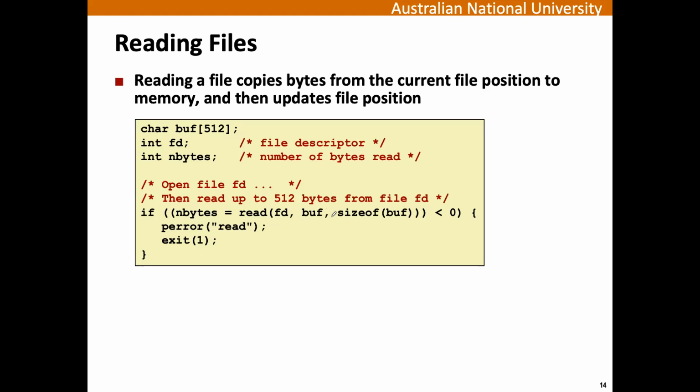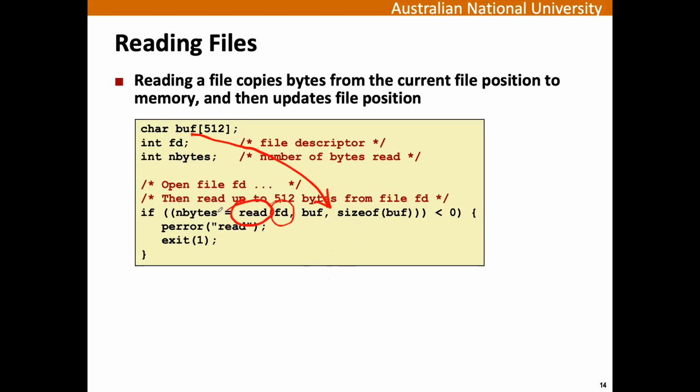So the kernel will bring 512 bytes from the file, which is on disk, and copy 512 bytes into this buffer character array that the programmer has created. And the programmer has given a pointer to that array as part of the argument to the read system call.